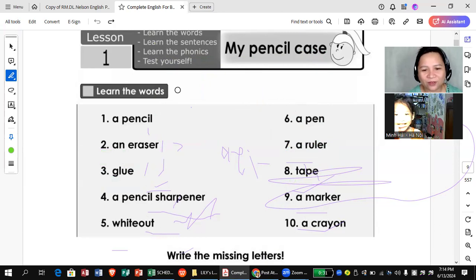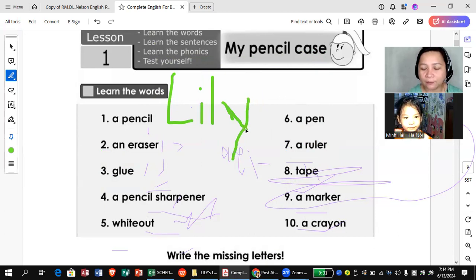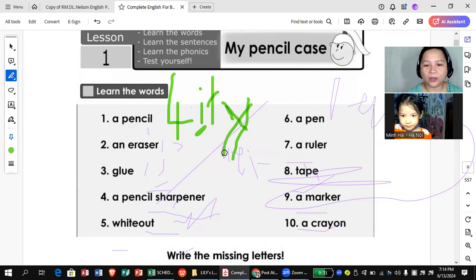Okay, on your name, can you tell me the vowel in your name? Is the letter I? Okay, and the consonants are L, L, and Y. So those are consonants.